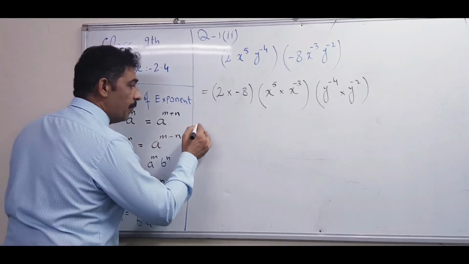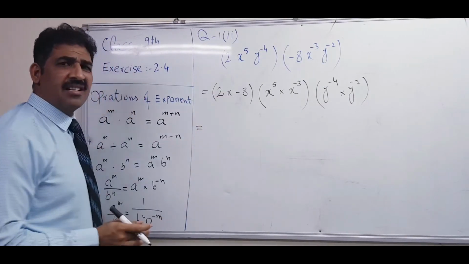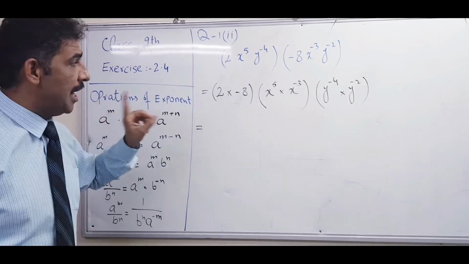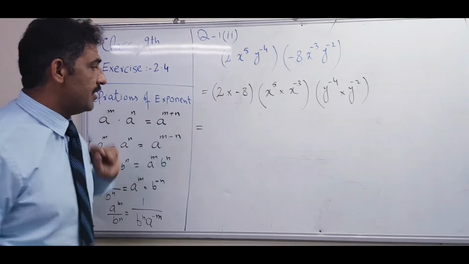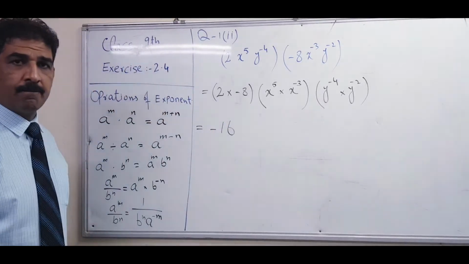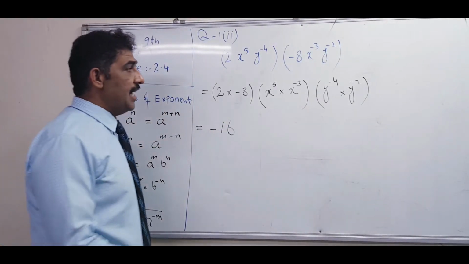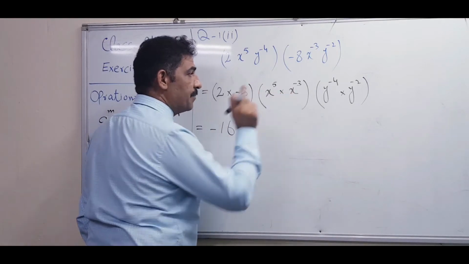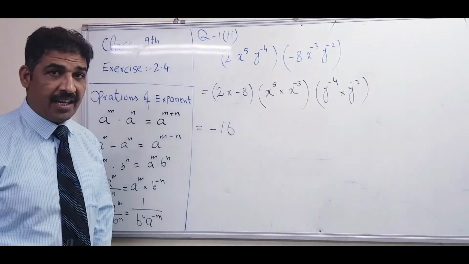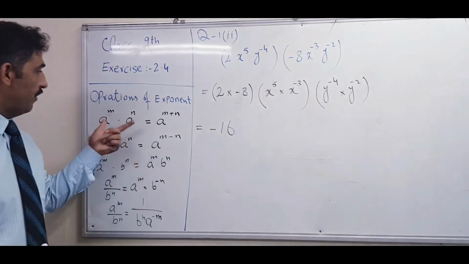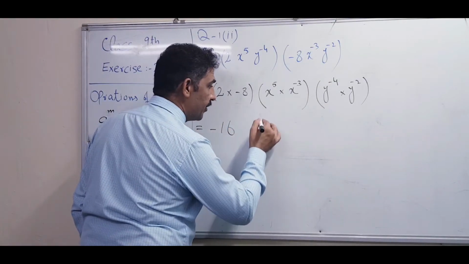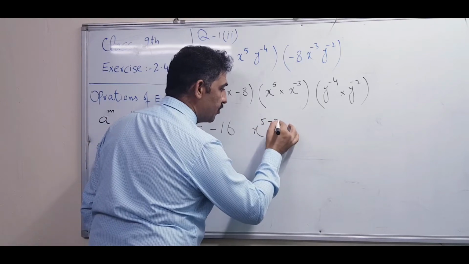Now I want to apply the rule. Here the constants: 2 eights are 16, but the negative sign is also there. I told you in algebra, first multiply the signs: plus times minus is minus, so minus 16. Here x raised to power 5 and x raised to power minus 3 are both multiplying, so we apply this rule: x raised to power 5 minus 3.